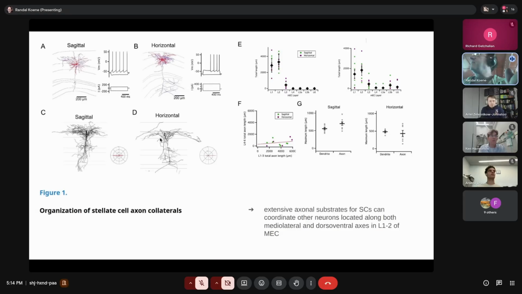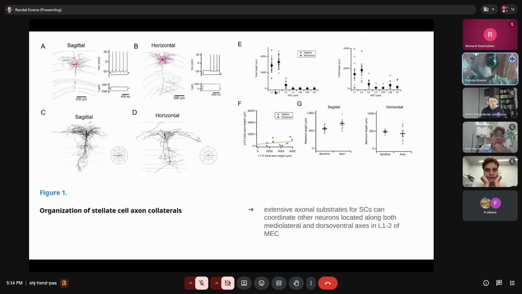In C and D, what they did is they overlaid the axons that have been reconstructed and then plotted out the length to angle plots. And you can see that there's a dominance of the extent of the fiber in layer 2. But I think you can kind of see that just by looking at it.